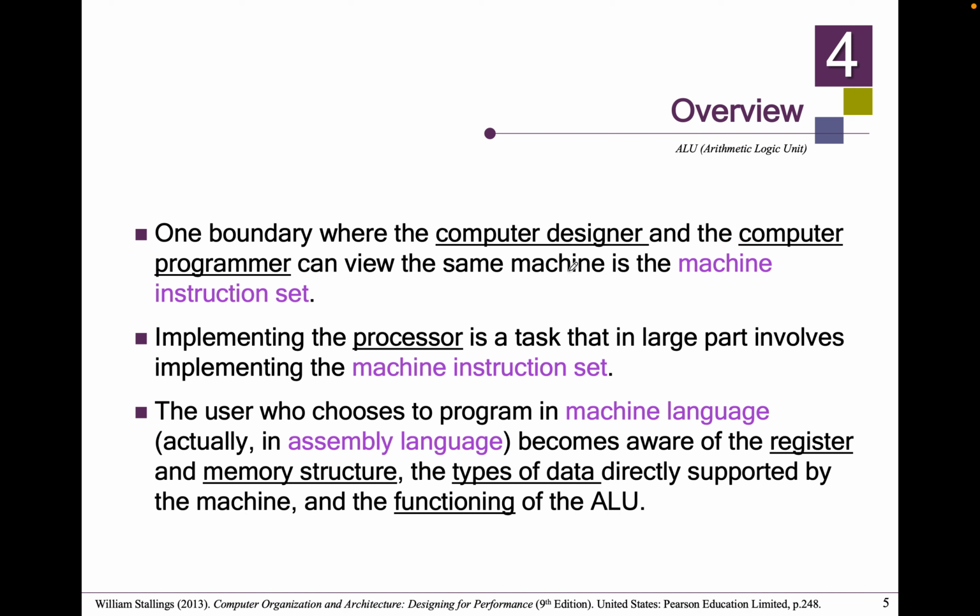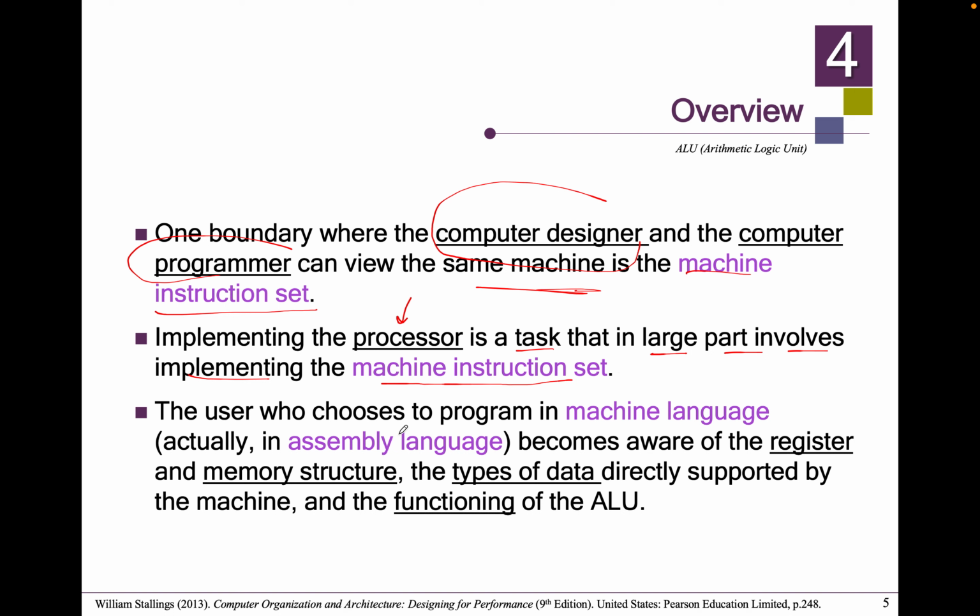So here is the part that I really hate, which is that I need to read. One boundary where the computer designer and the computer programmer can view the same machine is the machine instruction set. So implementing the processor is a task that in large part involves implementing the machine instruction set.